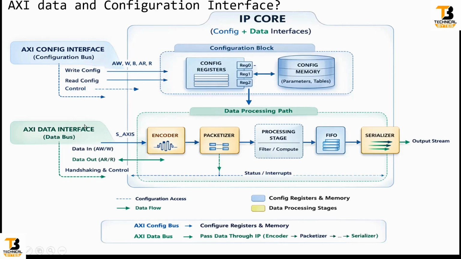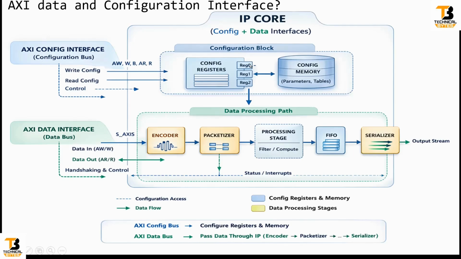In this case I have taken the configuration interface also as an AXI interface and the data interface also as an AXI interface. But it is not true always. The configuration interface can be an APB interface or an AXI Lite interface or some native interface also. Similarly, the data interface can be an AXI interface, an AXI stream interface, or any native interface.